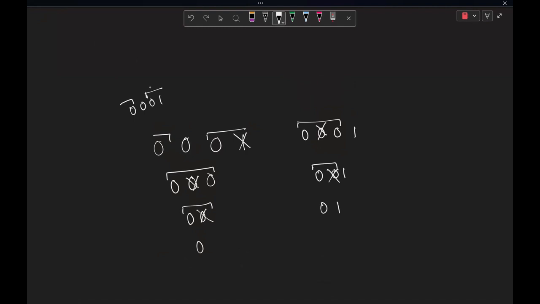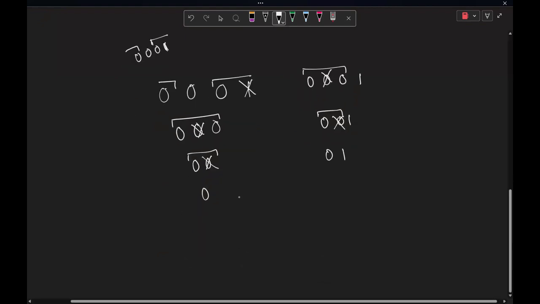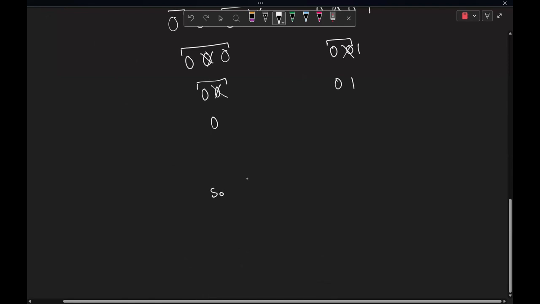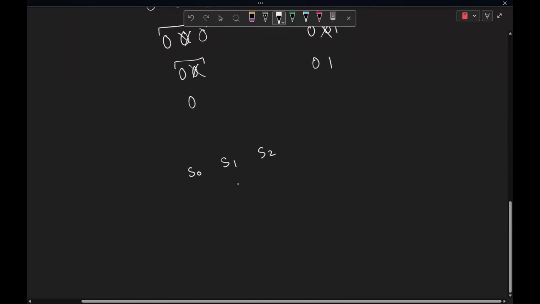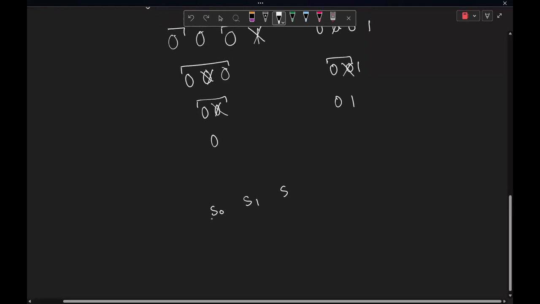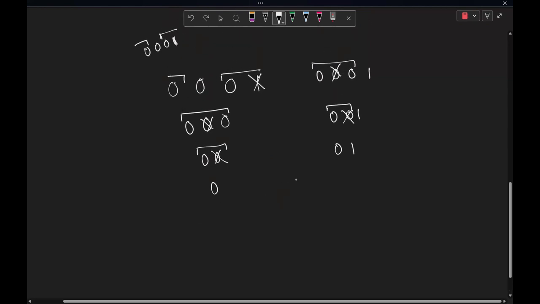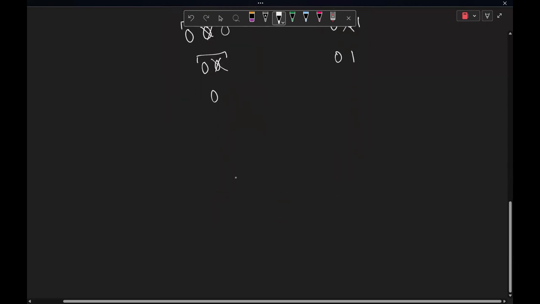So I just got the idea that, basically if you are having three characters, let's say s0, s1 and s2, and s1 and s2 are equal, or how to explain? Let me just directly tell what I had observed here.